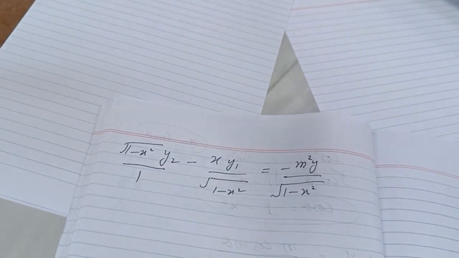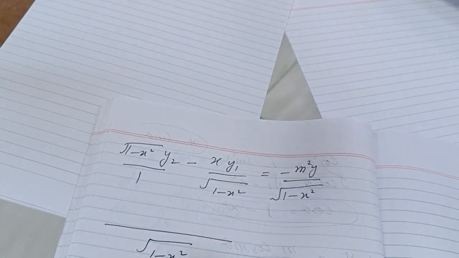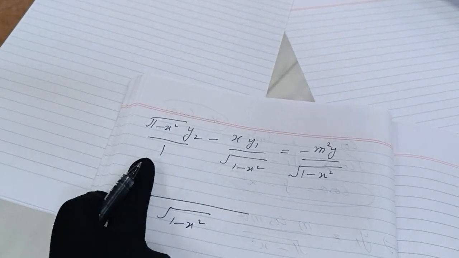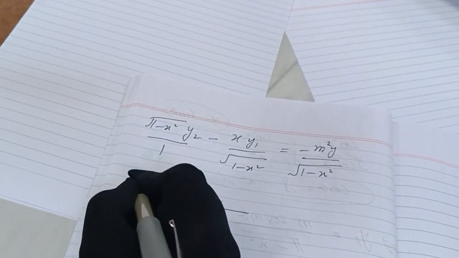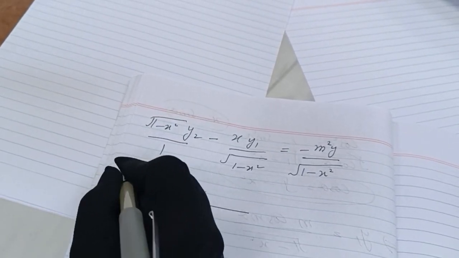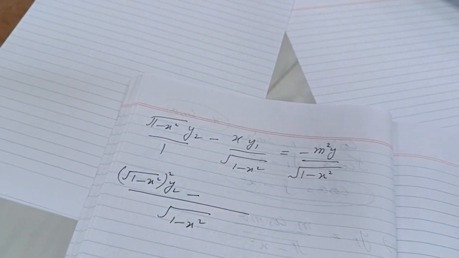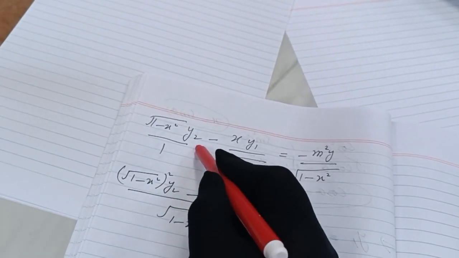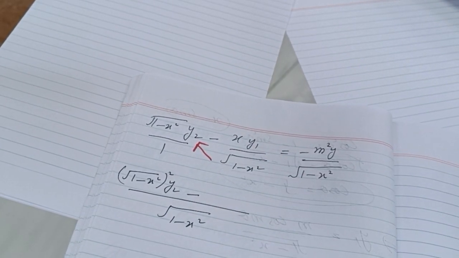I can say the denominator is here 1, so I can take the denominator common, 1 minus x square. In this case, when there is 1, so whole denominator is multiplying to the numerator, so it will become 1 minus x square square y2 minus, means the simple solution is that if this one is here, so multiply this to above numerator. Okay, this is just a small trick.